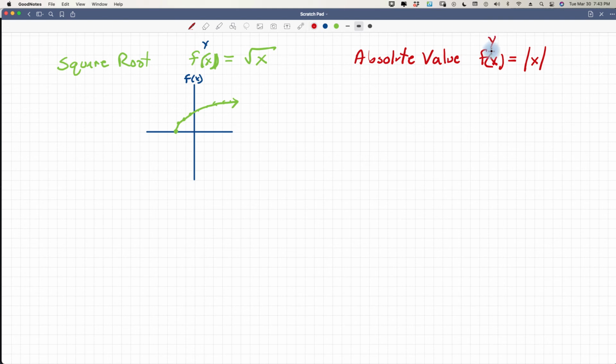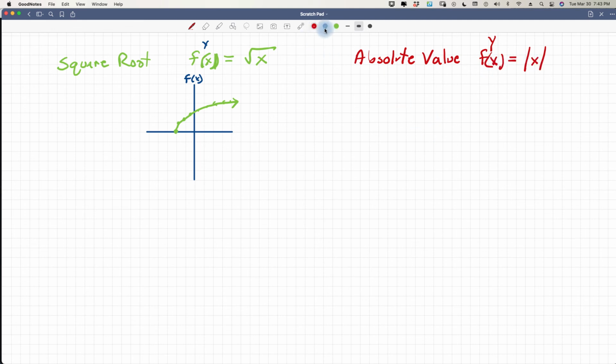So your y value is the absolute value of x. So that means that if x is -1, then y is 1. If x is 1, y is 1. If x is -2, y is 2. If x is 2, y is 2.